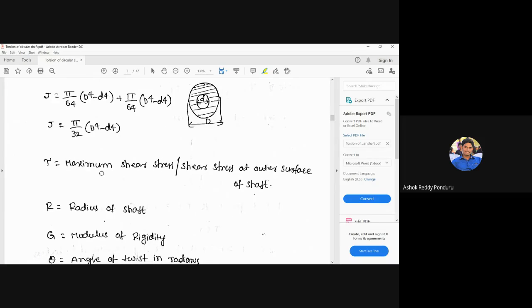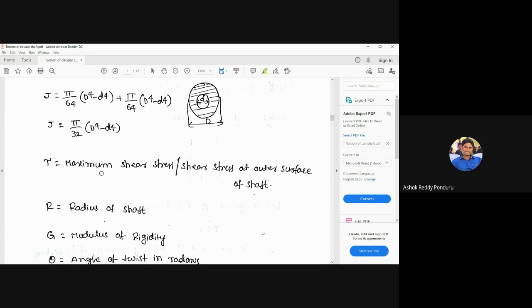Now the next term is tau. Tau is equal to the maximum shear stress, or the shear stress at the outer surface of the shaft. Generally students answer that tau is equal to shear stress. Already I told you that on a cross section, any kind of stress is not constant.